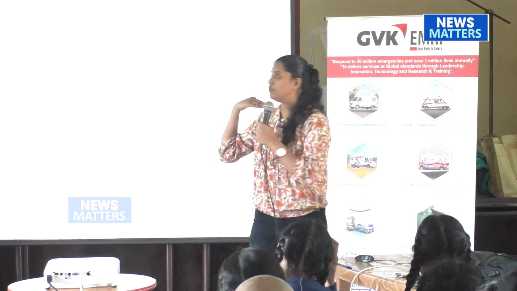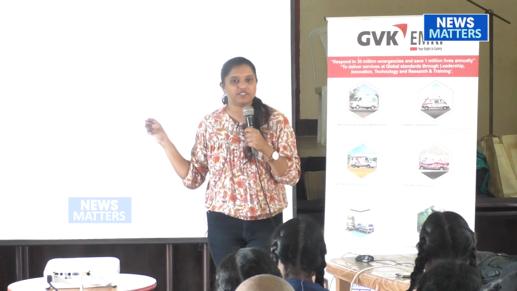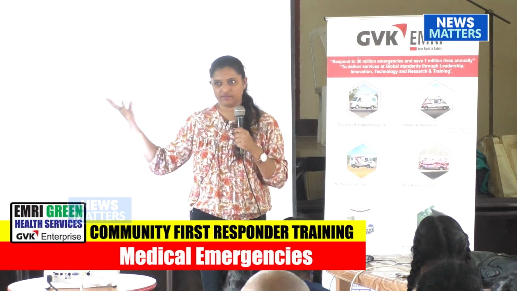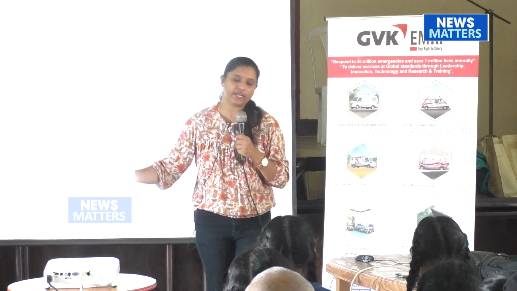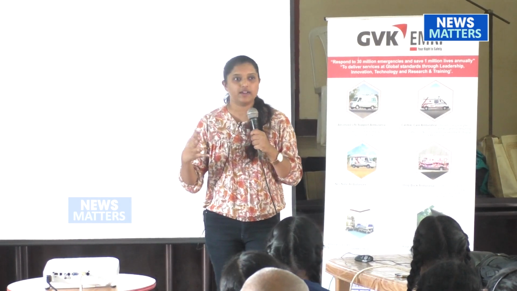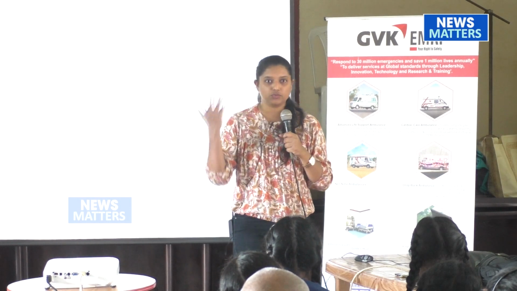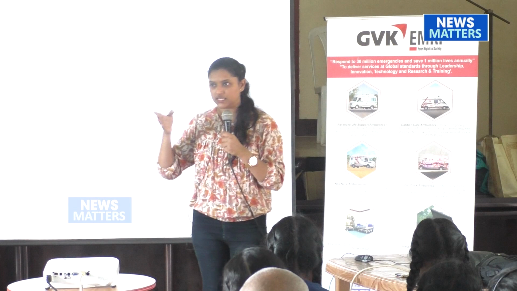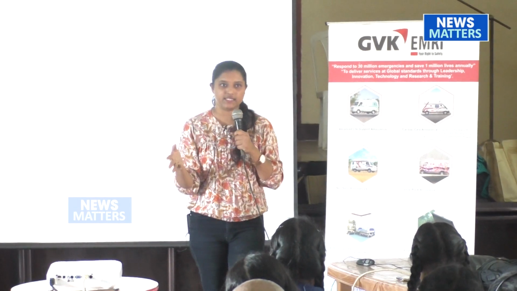The proper definition of this is uncoordinated electrical activity of the brain. Let me explain in simple words. My brain is giving me commands to walk, to talk, to eat, everything. Brain is my boss, giving me signals.